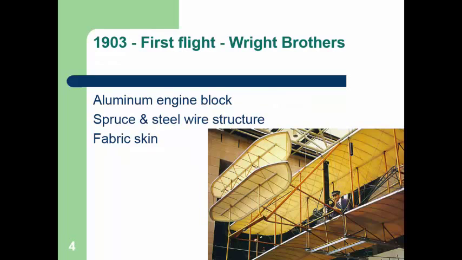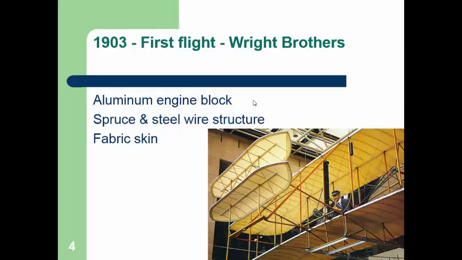And then the first Wright brothers airplane, they overcame a series of issues that had to do with materials and the strength to weight relationship of materials in order to make this first airplane work. For instance, the aluminum engine block, they had to develop themselves.